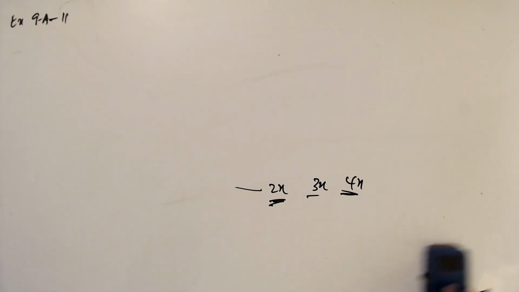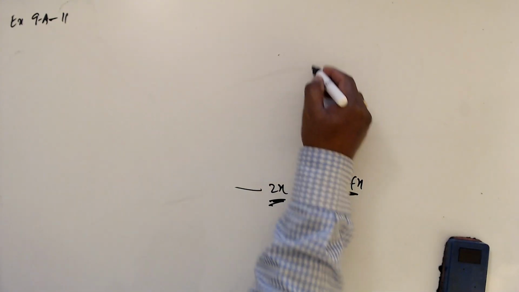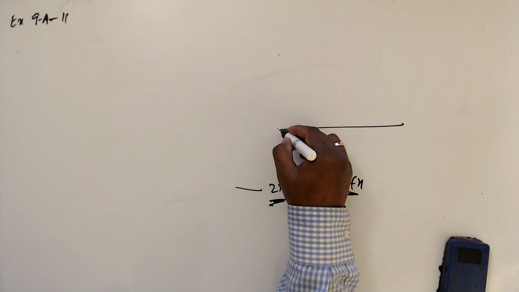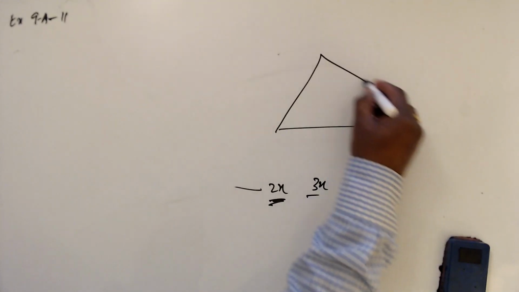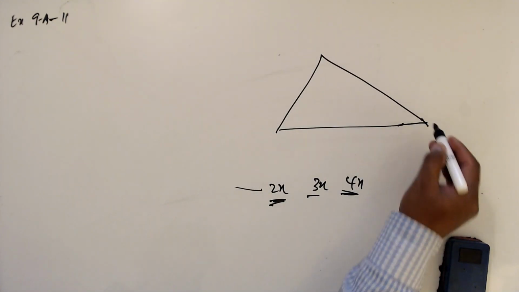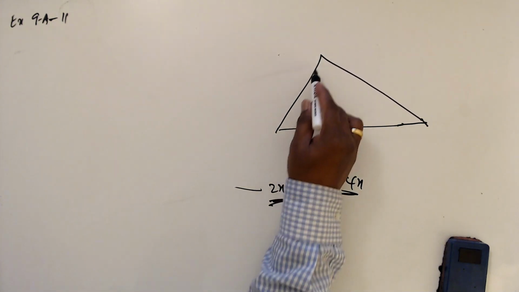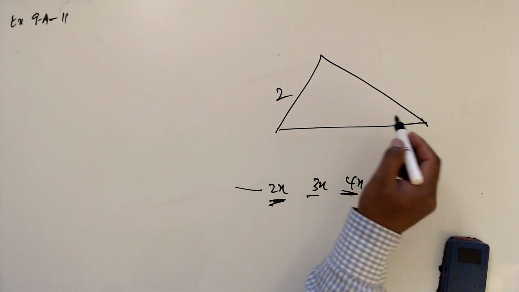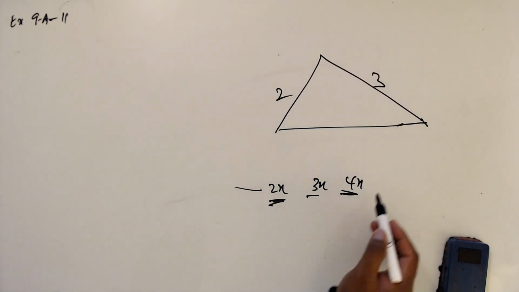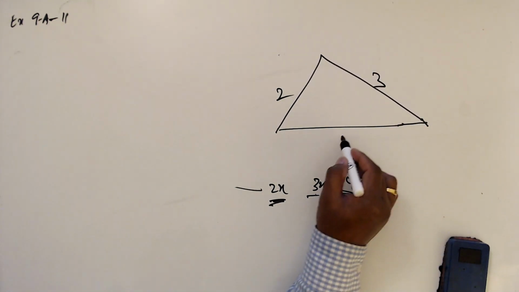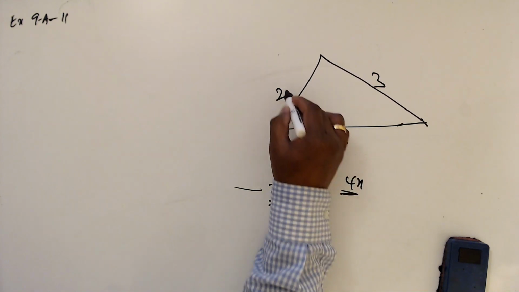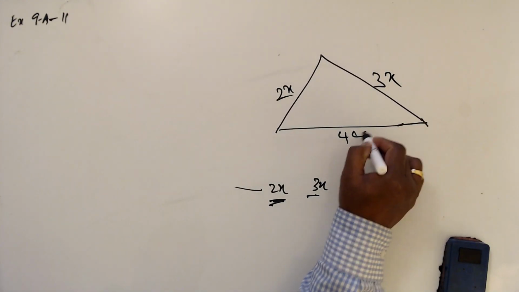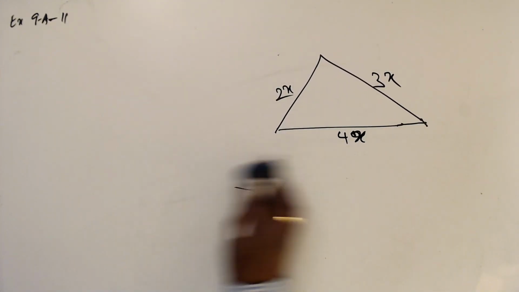Which one is the smallest side? That is 2. The next smaller one is 3, and the largest one is 4. So this is 2x, 3x, and 4x.